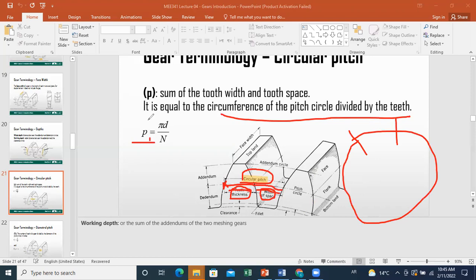So to calculate your circular pitch, you divide the circumference of the pitch circle, which is pi times d, by the number of teeth of your gear.